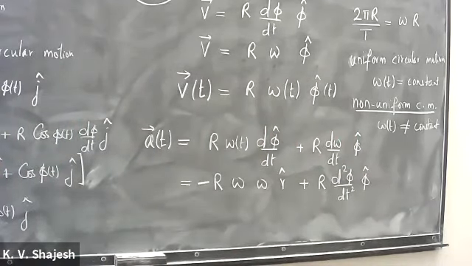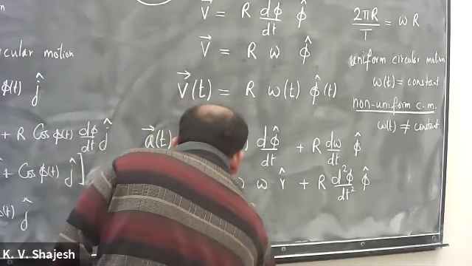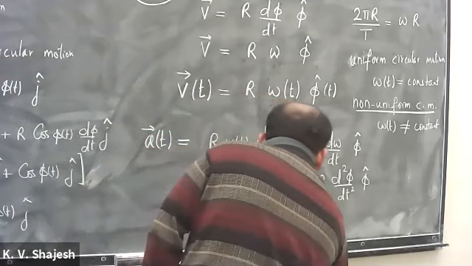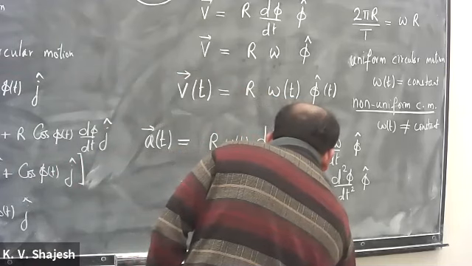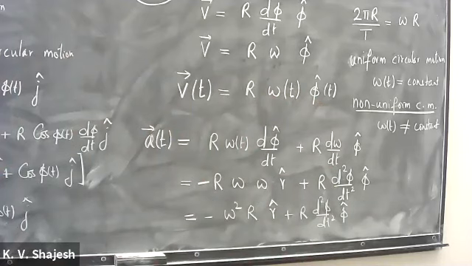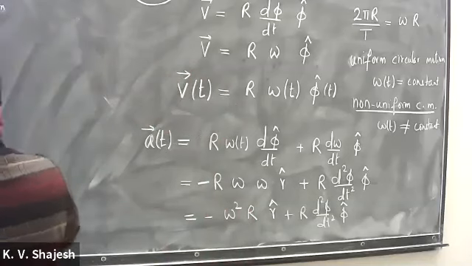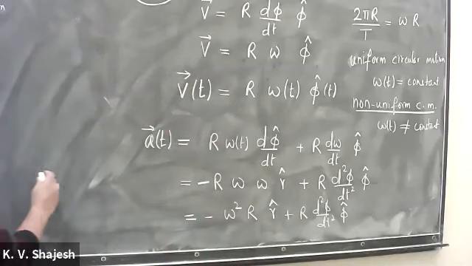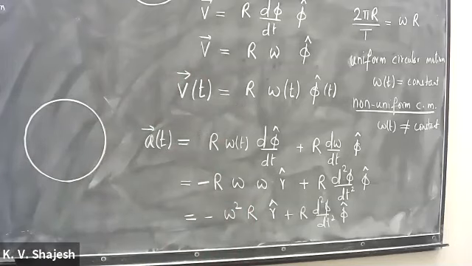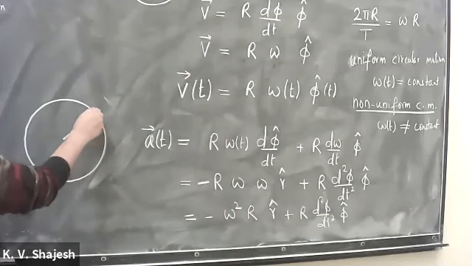And if you notice, there is centripetal acceleration there. So let me rewrite this as omega squared r times r hat plus r times the second derivative of phi with respect to t squared times phi hat. Let me draw this so that the physical picture is clarified. The algebra will come out as it is. If something is going in a circle, the position of the object is this.